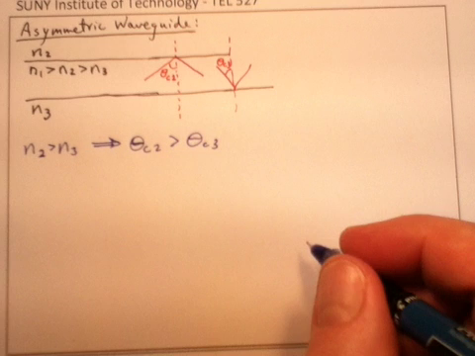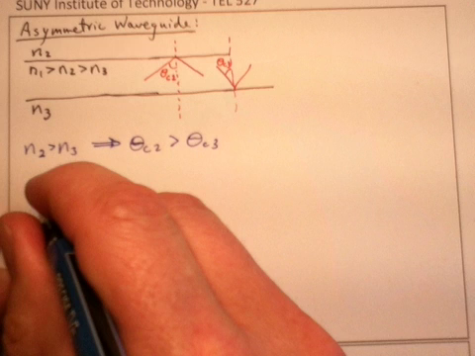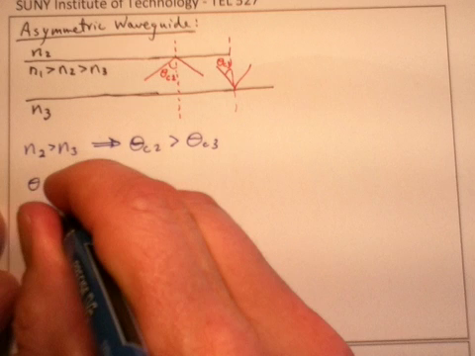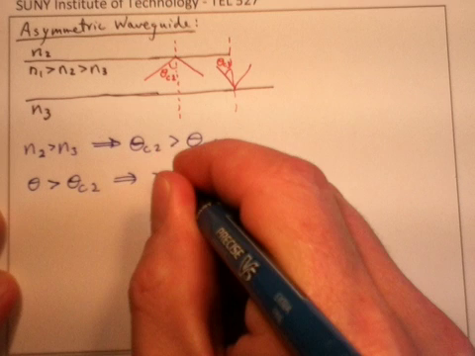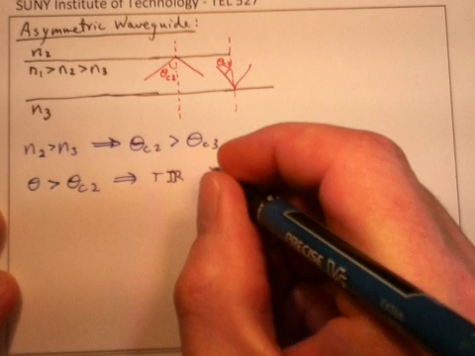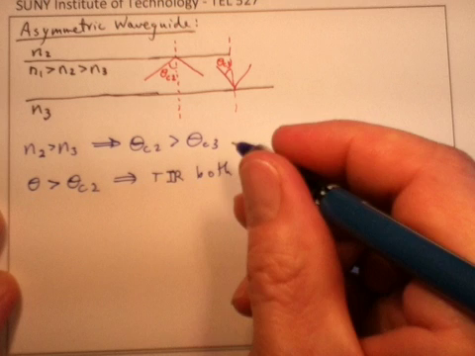Okay. And so if we have theta, the incident angle of a zigzag ray, greater than theta critical 2, then that implies we get total internal reflection at both sides. And that's good.